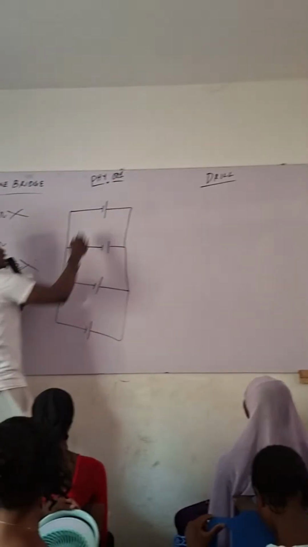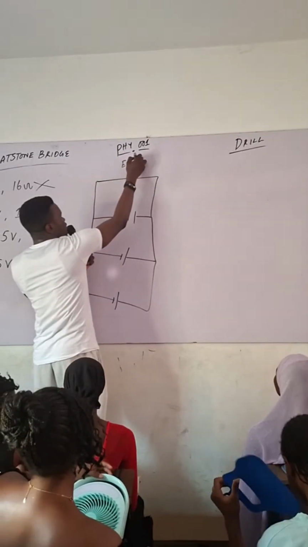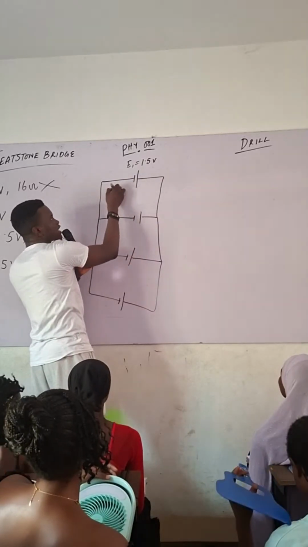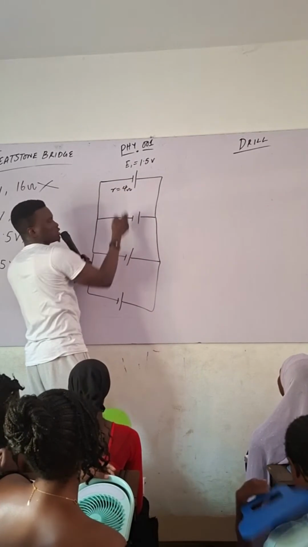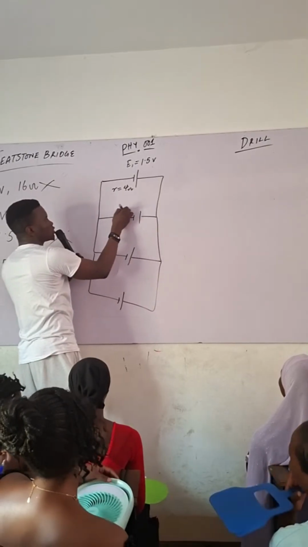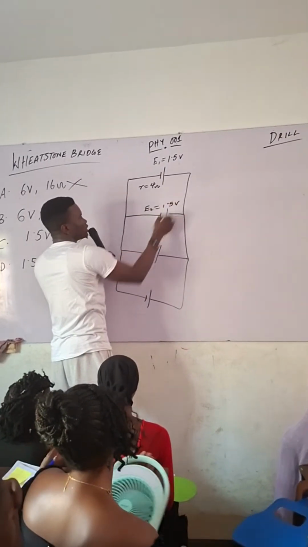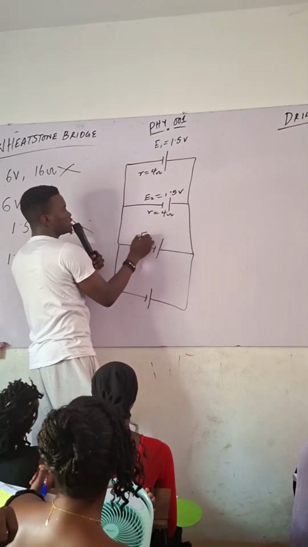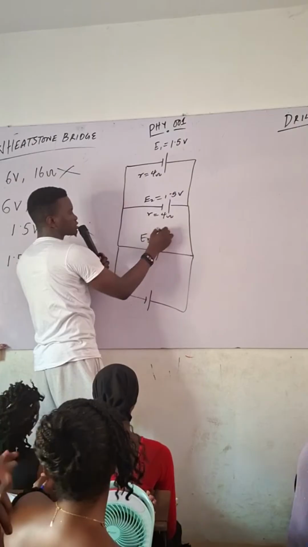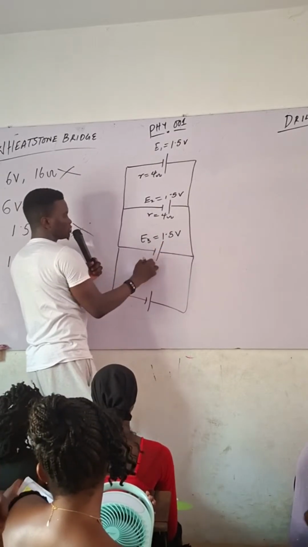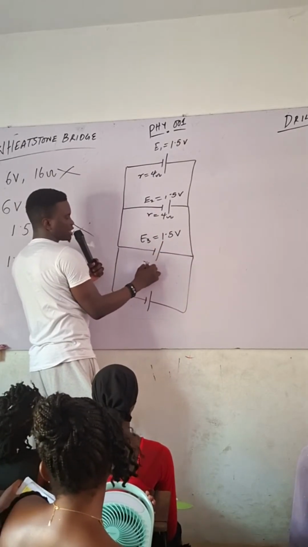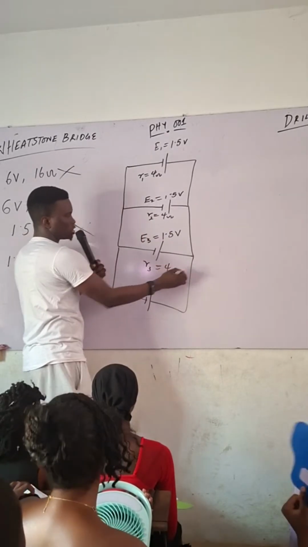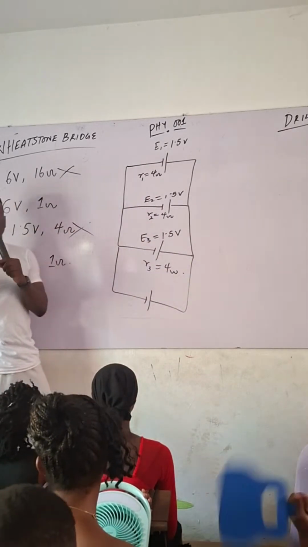E1 is 1.5 volts and the internal resistance is 4 ohms. E2 is also 1.5 volts, and its internal resistance is also 4 ohms. E3 is 1.5 volts, and the internal resistance R3 is also 4 ohms. The question is to calculate the total EMF.